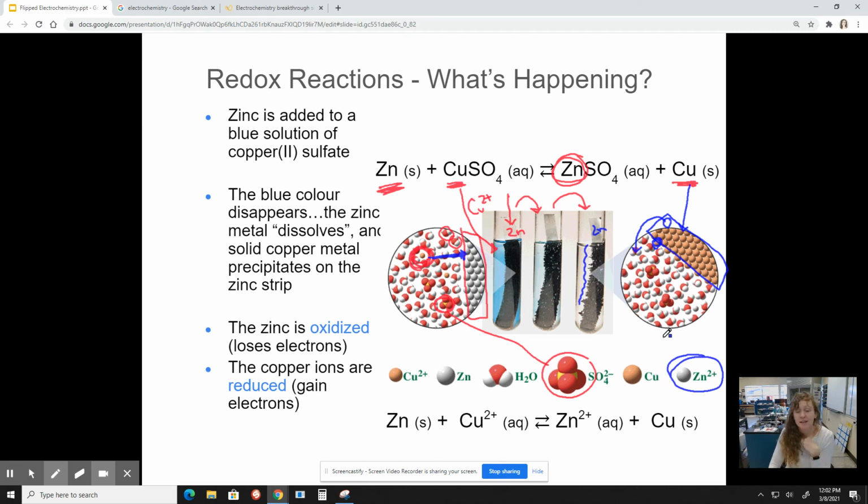So the zinc that gave up its electrons falls off of the solid and becomes little particles inside the solution. And so inside this whole solution, you have zinc 2+ ions floating around. And notice it's clear, right? It's clear now because zinc 2+ ions are colorless.